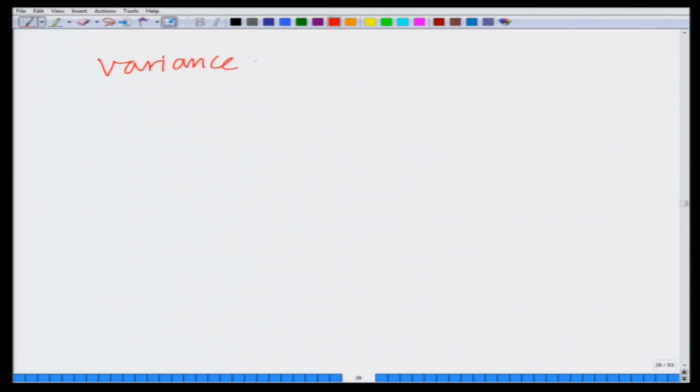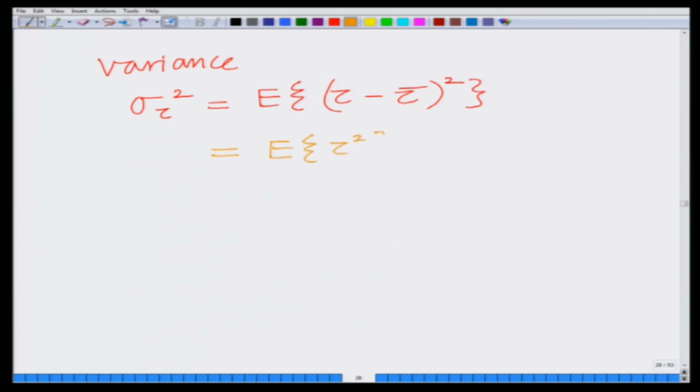The variance is given as sigma tau square equals expected value of tau minus tau bar square, which is also equal to, as we proved in the last lecture, expected value of tau square minus tau bar square. We have derived the expression of tau bar, the mean is 1 over beta, so that is expected value of tau square minus 1 over beta square.